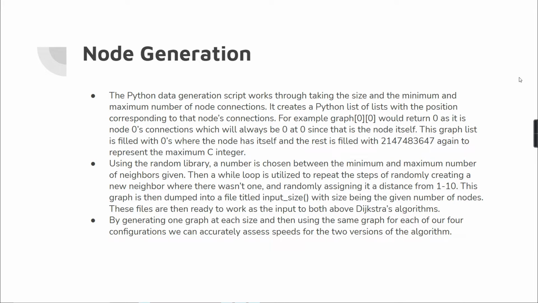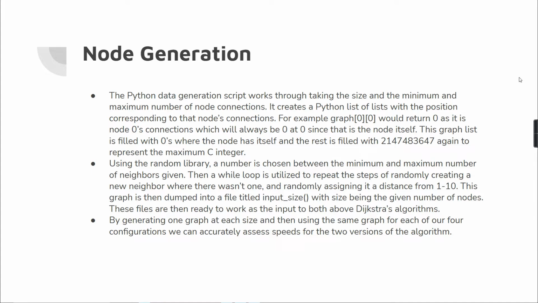And then we used a while loop to repeatedly assign new neighbors where there weren't any neighbors. It would assign a distance from 1 to 10, and then at the end of this, the graph would be put into a file that would be read by our C program for Dijkstra's algorithm.